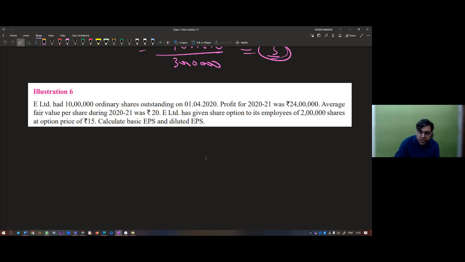If I don't dilute with those shares, without dilution the answer is 24 lakhs divided by 10 lakhs, which is 2.40.